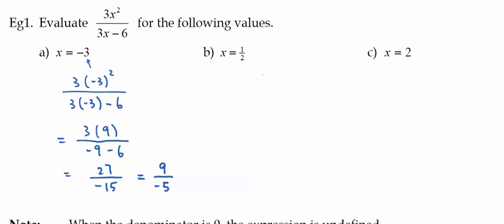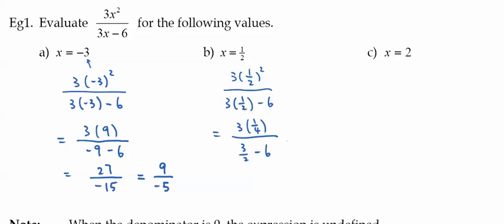For the next one, when we have 1/2 for x, replacing each of the x with 1/2, we will end up with 3 times 1/4 over 3/2 minus 6. Now, if you don't like working with a fraction divided by another fraction, you don't have to work on it this way.